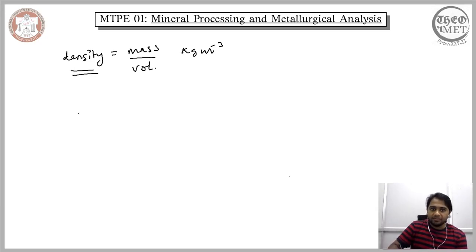Now, if we consider the known material with which we are going to normalize the density of a mineral as water, when you attempt to normalize the density of a mineral using the density of water, then the corresponding non-dimensionalized form of density is referred to as the specific gravity.